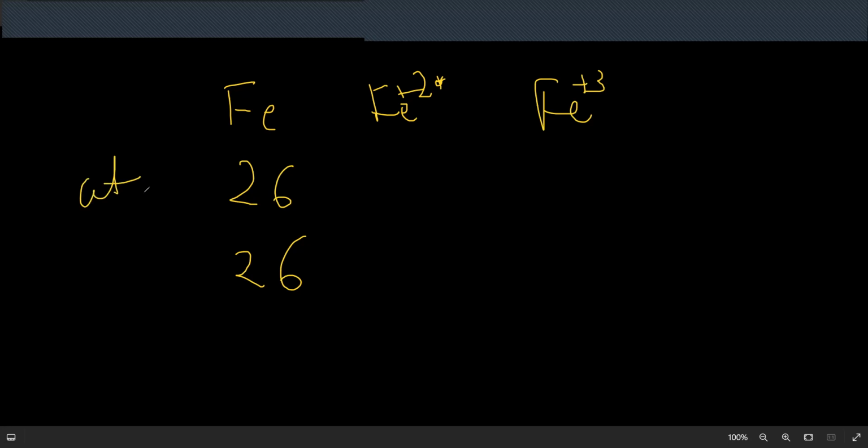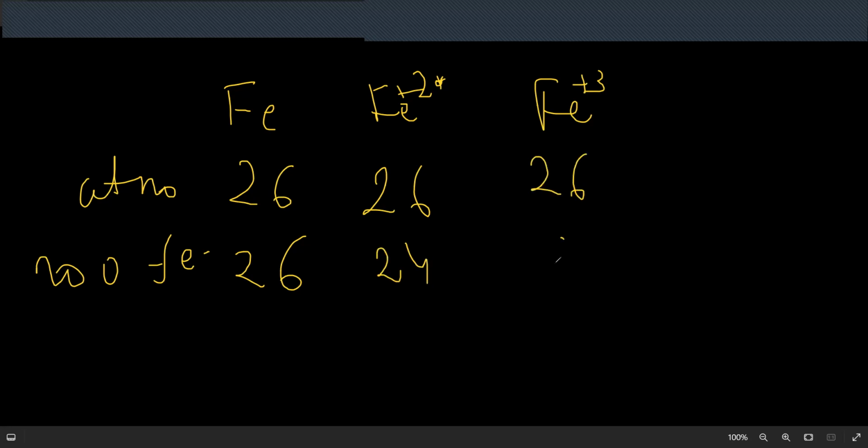Let's suppose here Fe 2+, and Fe 3+ here. The atomic number of them are, this is atomic number and this is number of electrons. Here 26, 24, 26, 23.